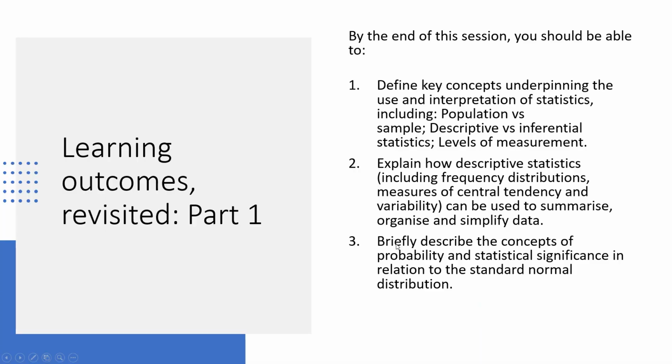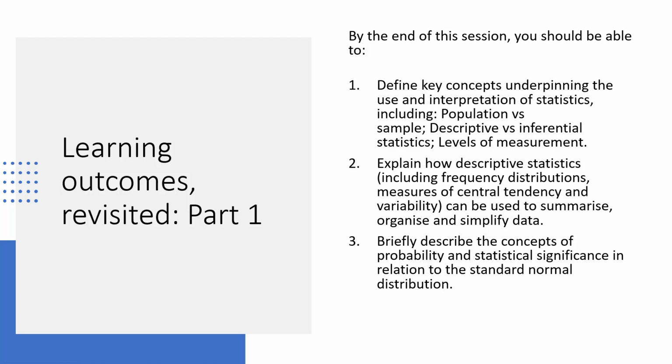So to revisit our learning outcomes, we've looked at what populations and samples are, and how they differ, and the role of statistics in making inferences about population parameters. We've talked about the difference between descriptive and inferential statistics, and we've focused on descriptive statistics in terms of what they can help us do.